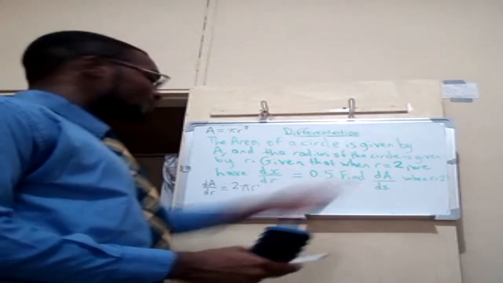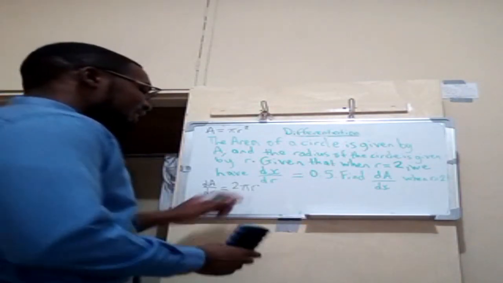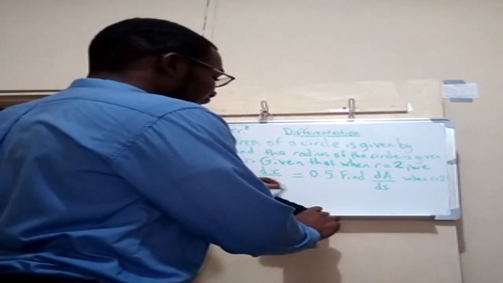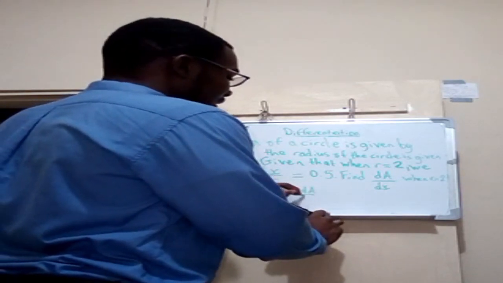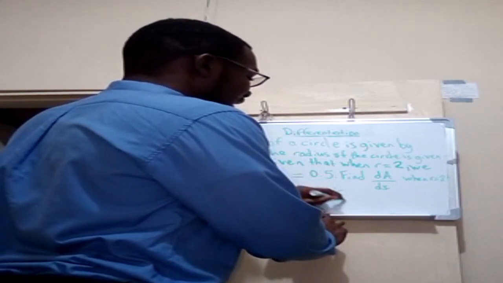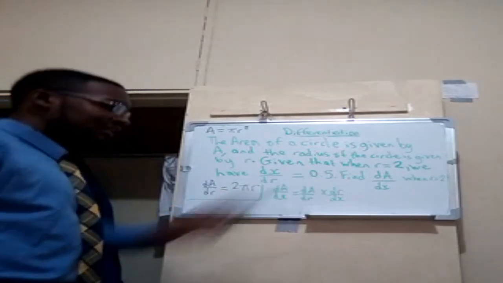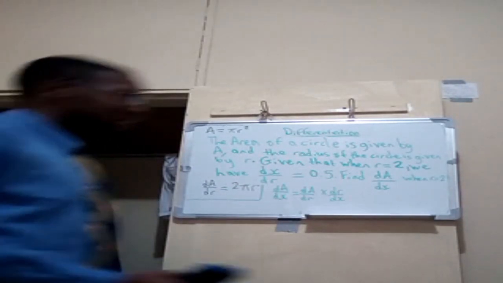Now what the question wants is dA by dx. So I'm going to find dA by dx. dA by dx is equal to dA by dr times dr by dx. Makes sense, no? That's how we're going to find dA by dx.